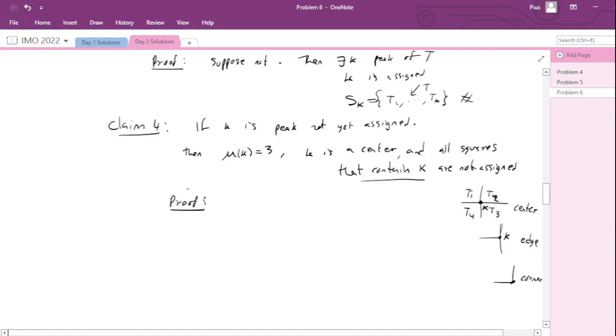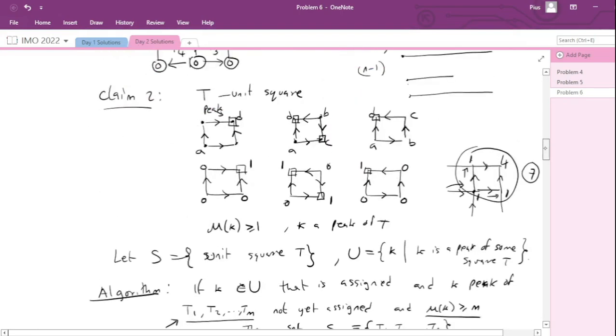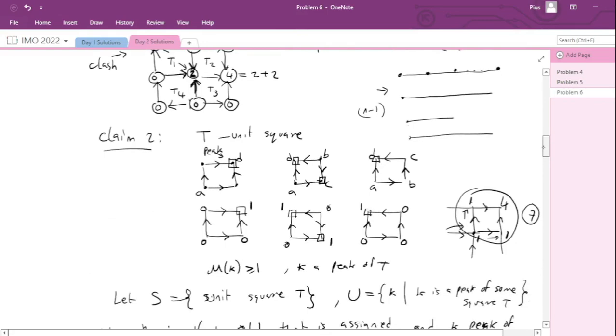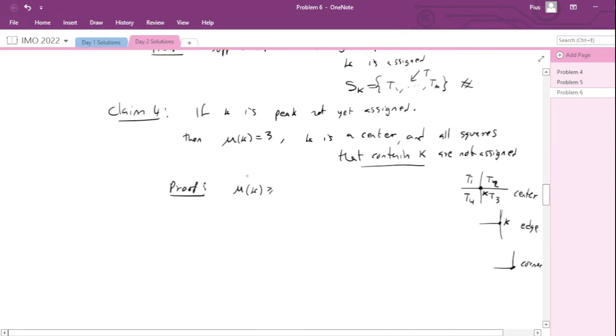Okay, so first of all, we have that since it's a peak, from claim 2, we must have that the accumulation is at least 1.